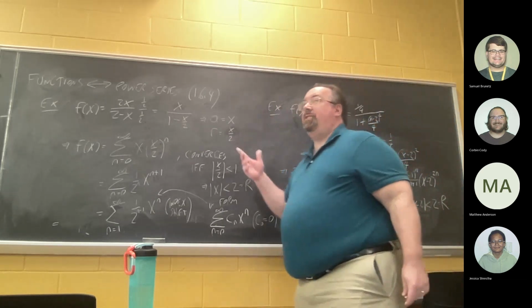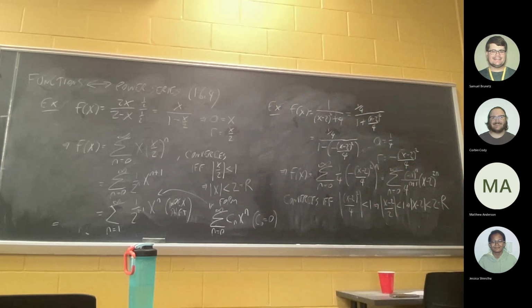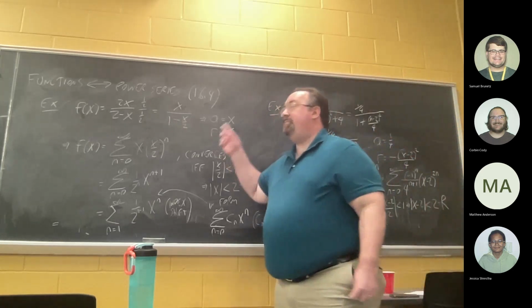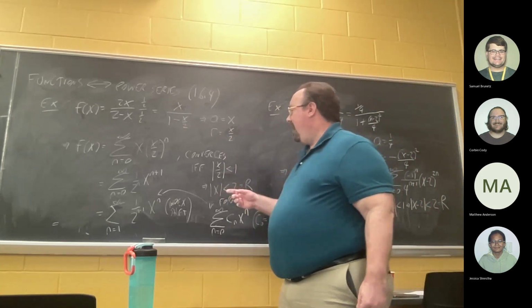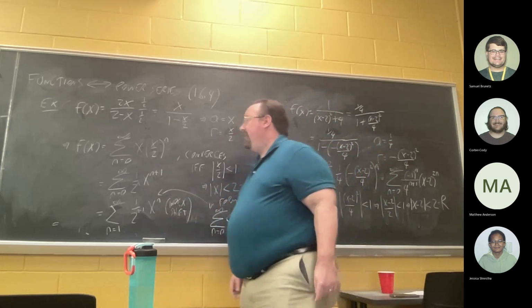So what this example shows us is if I know how to write a certain function as a power series already, if I multiply that function by any power of x, I can easily get a power series for that new function. All it does is shift the coefficients.